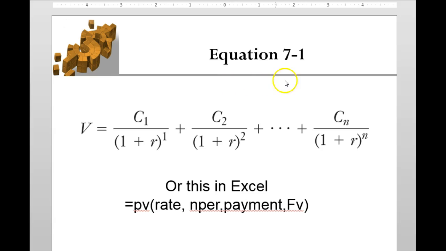This is your second year, and this is your third year, and so forth and so on. You're also going to take into account what's going to be paid back in the end.